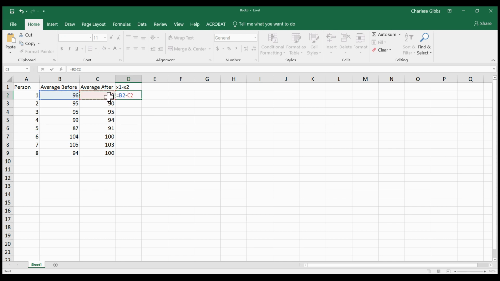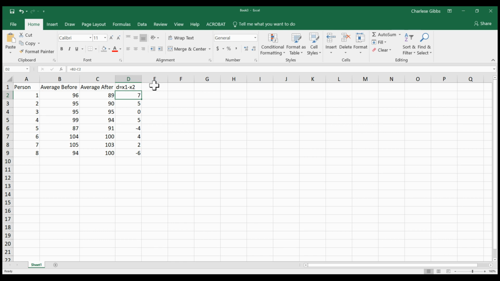So my B minus my C. So B2 minus C2. I'm going to drag it down to do my differences. So let me put D equals here so you know what that is. D equals x1 minus x2.